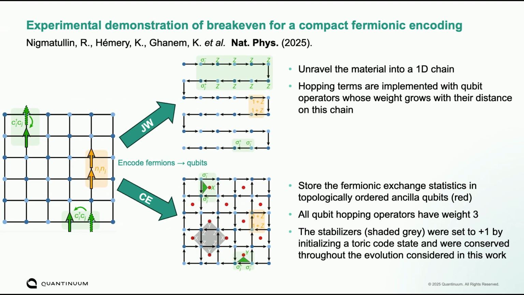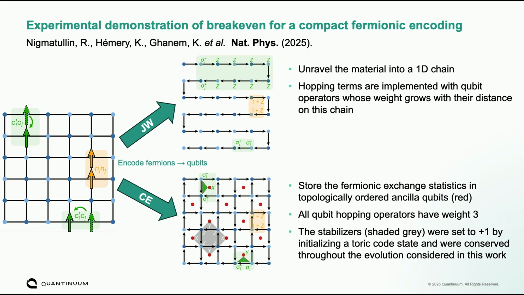And so to get into a little bit more detail, for this Jordan-Wigner approach, we have this snaking pattern in 1D. And so hopping terms for these two sites shown require doing a series of gates in order to implement. And so especially as the system size grows larger and larger, this is inefficient.